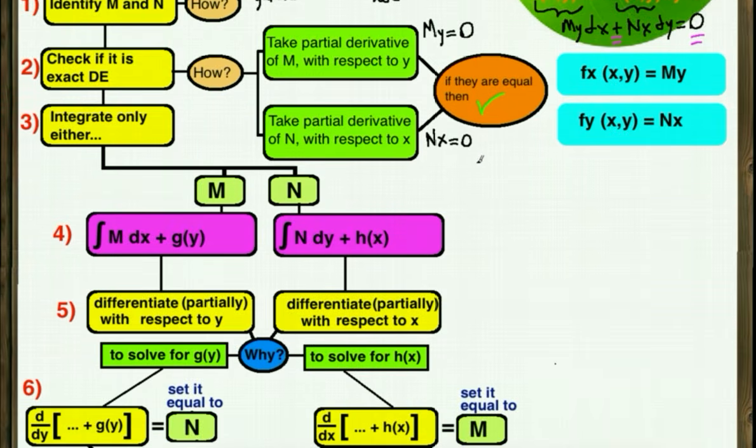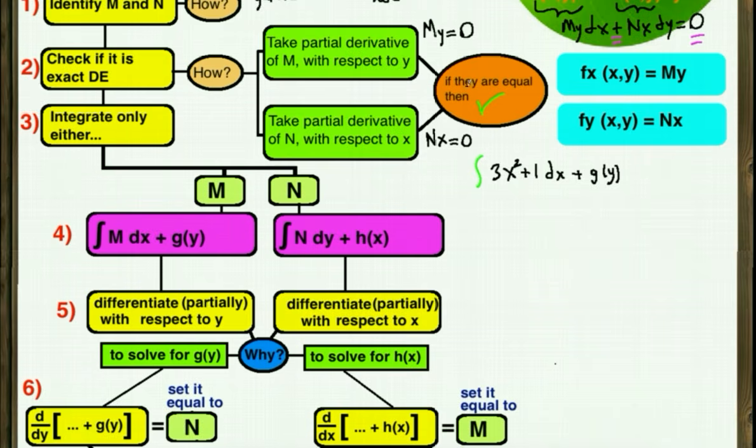So we're going to integrate 3x² + 1 with respect to x, and then we're going to add g of y. Let me write it here so we don't forget it. This is my technique: I add it already and make sure I don't forget it.